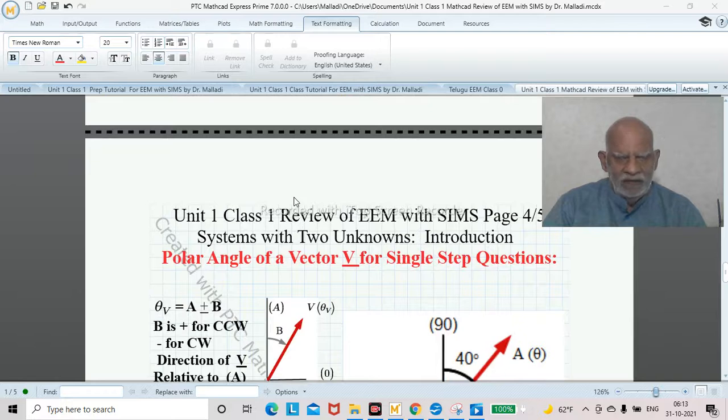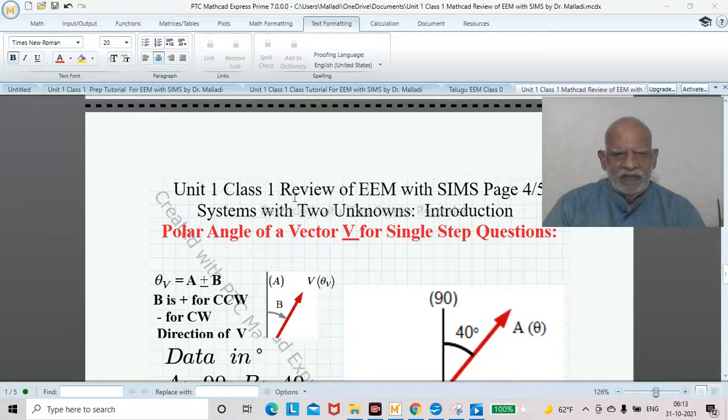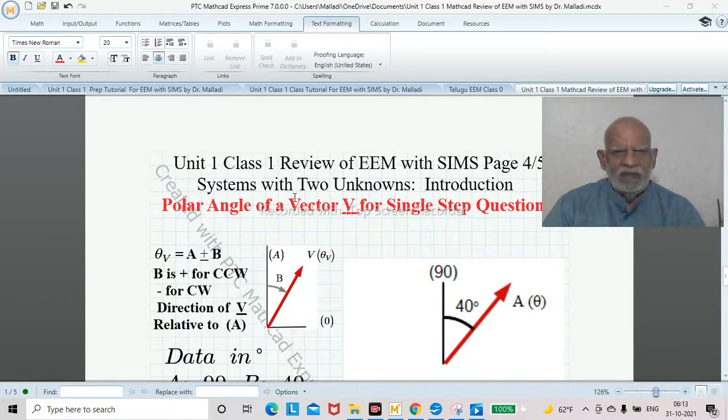Now, again, as I said, the first thing is to determine the polar angle of a given vector. Vectors are usually given relative to other axes than x, depending upon the easiness. So here it is shown from the y-axis. So a is under brackets.